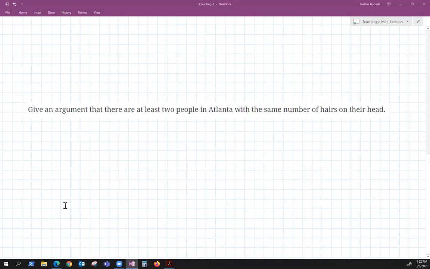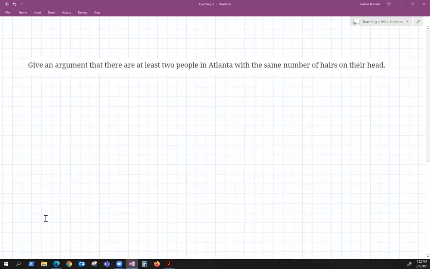So let's think about this problem. Give an argument that at least 2 people in Atlanta, or actually any large city you want to use, have the same number of hairs on their head. So think about what's going to be the pigeonholes, and then what's going to be the pigeons.